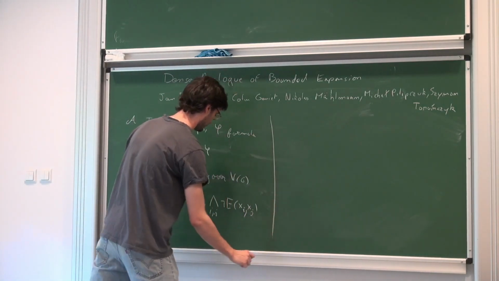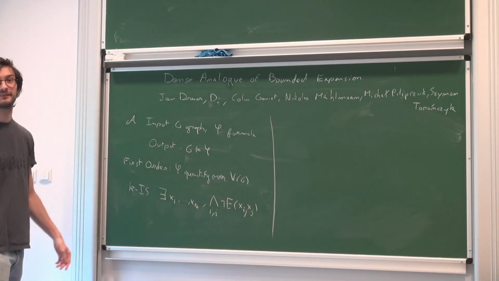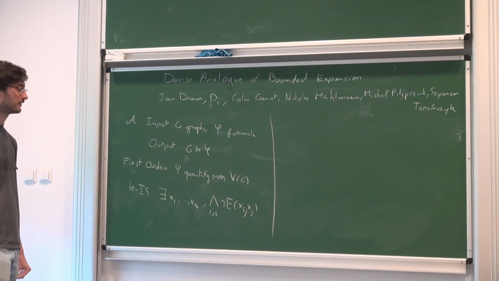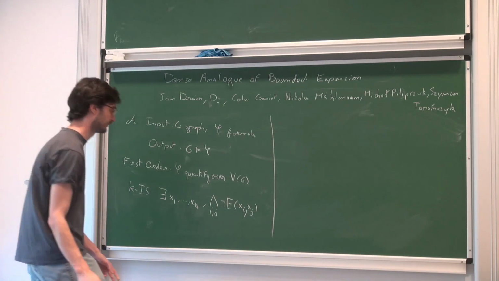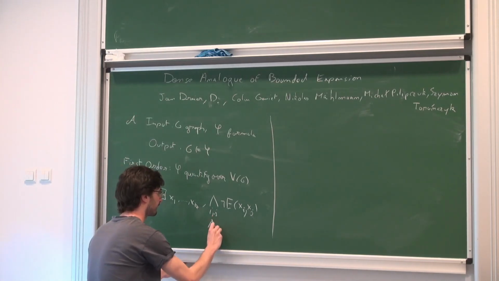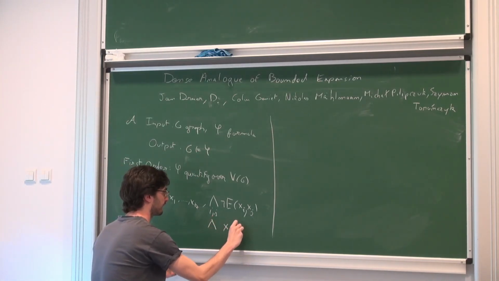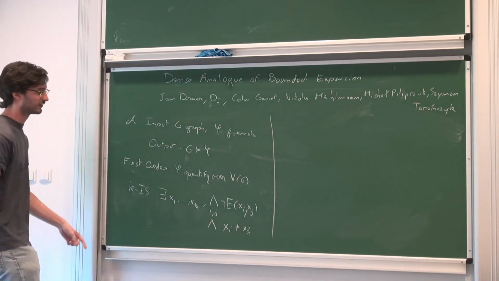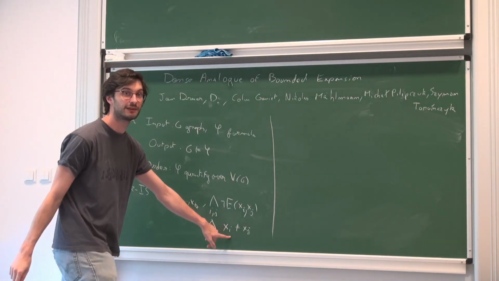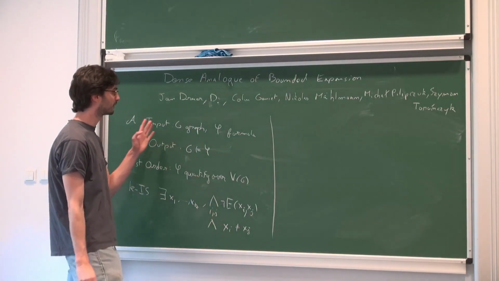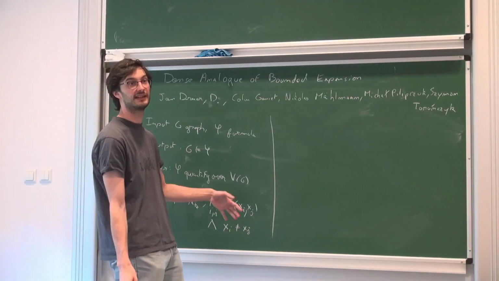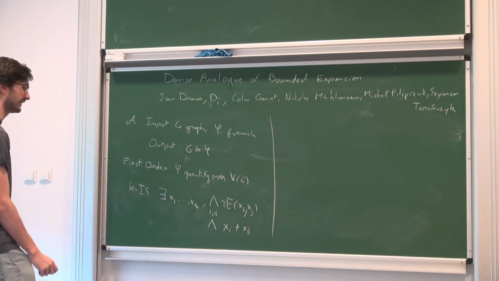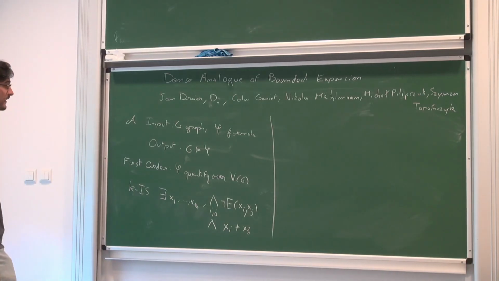So you could ask, yes? Assume the xi to be distinct also? Yes. Your logic is always allowed to use the equality symbol, and since we work on graphs, we will also use the edge symbol, the edge relation between two vertices.